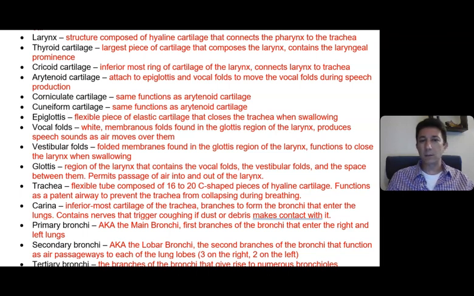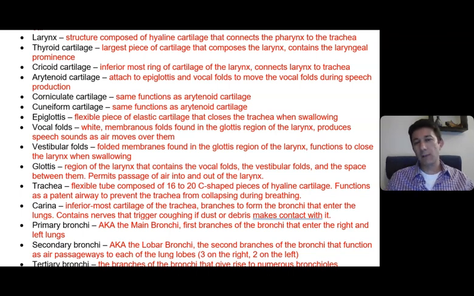And the glottis is defined as a region of the larynx that is essentially situated between the epiglottis and the vocal and vestibular folds. The glottis is essentially a passageway that contains the vocal folds, the vestibular folds, and the space in the middle of them, so that air can pass into and out of them during the breathing cycle.